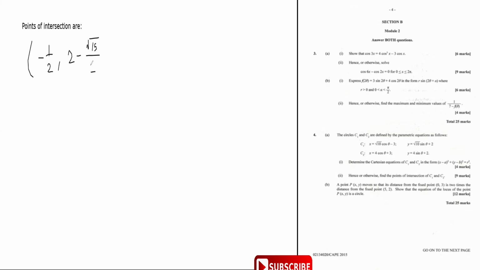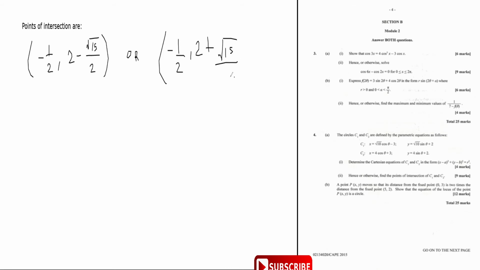That's one point of intersection. The next point of intersection is minus a half, comma, 2 plus the root of 15 over 2.